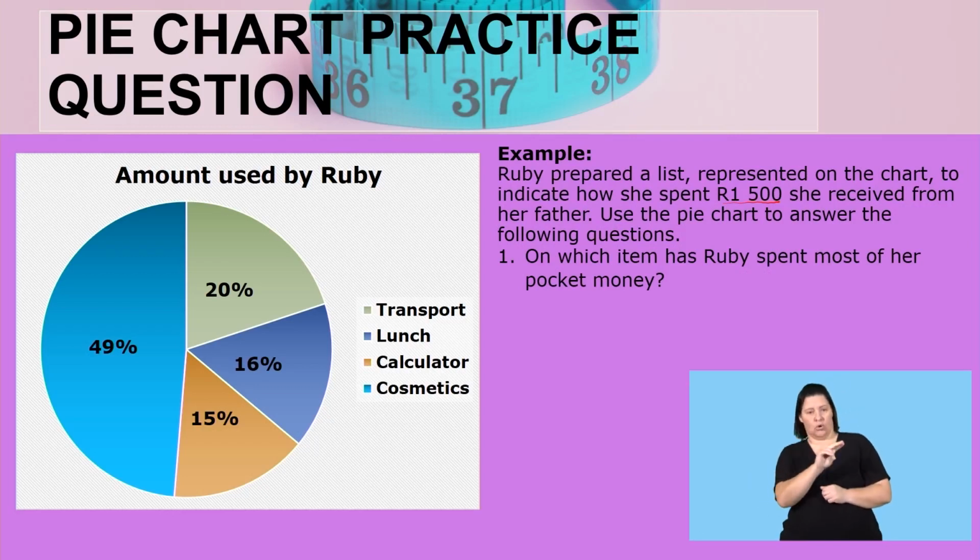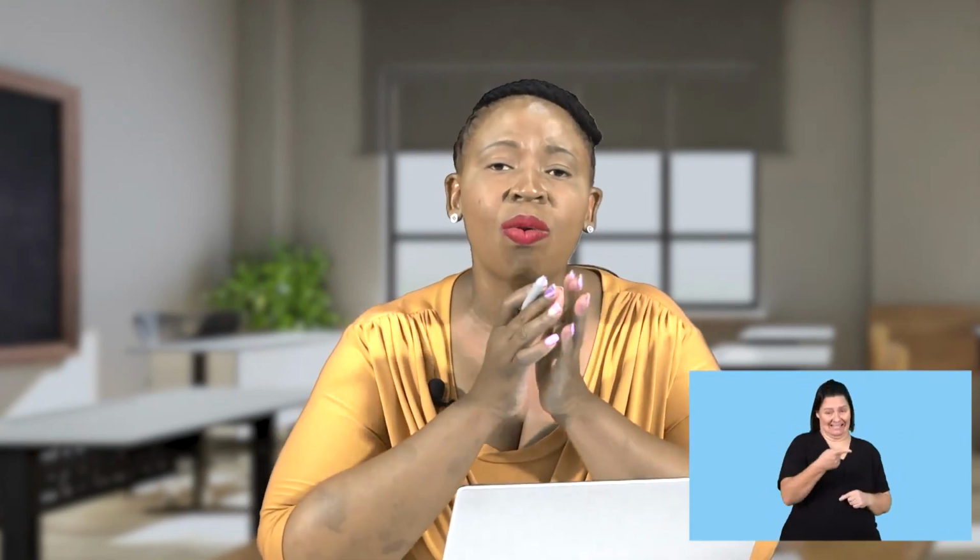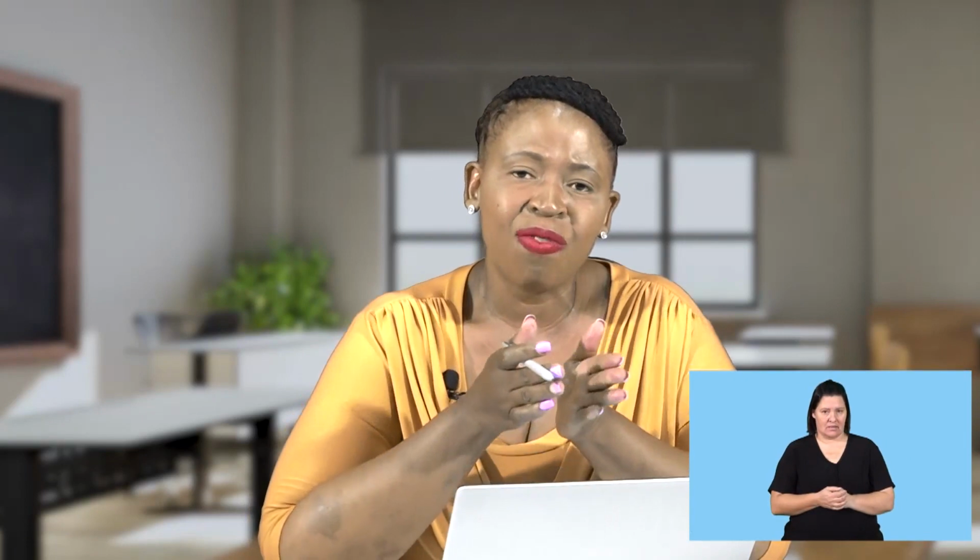Looking at the pie chart, what is key is that, as I explained in terms of other charts, with the pie chart, if you have the bigger slice, that bigger slice tells you that that's where most of the spending was done. And if you have a smaller slice, it will tell you that that is the minimum value.